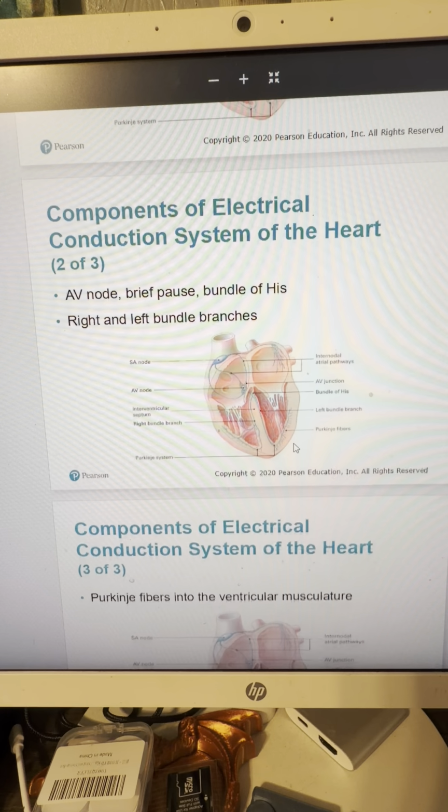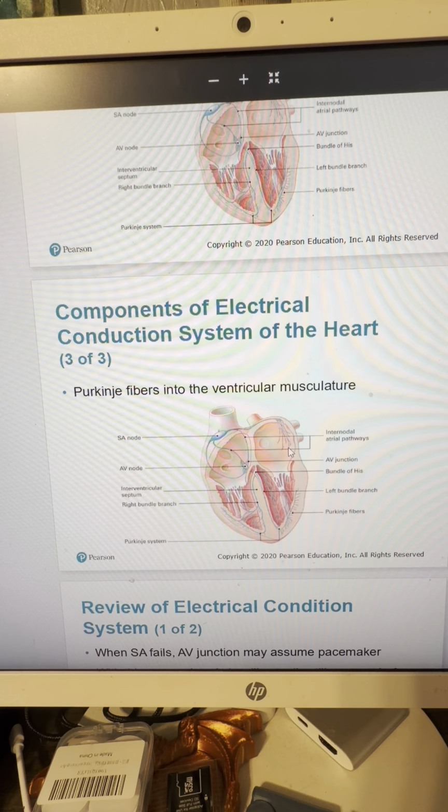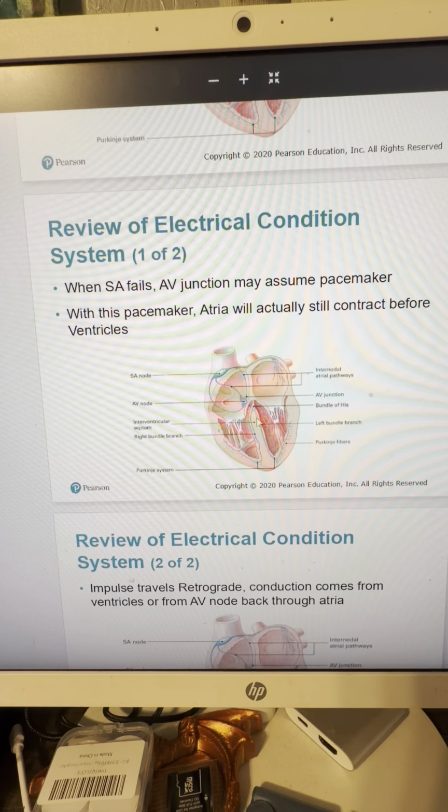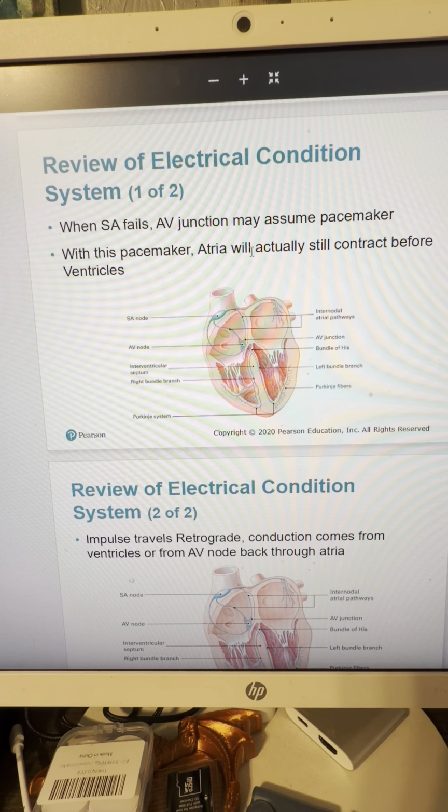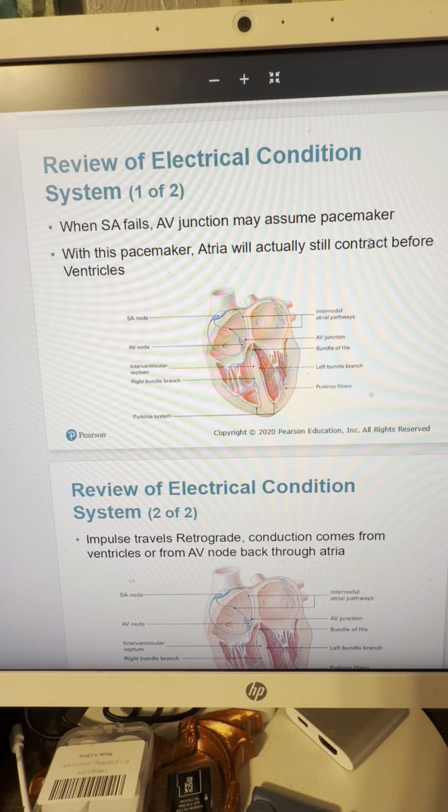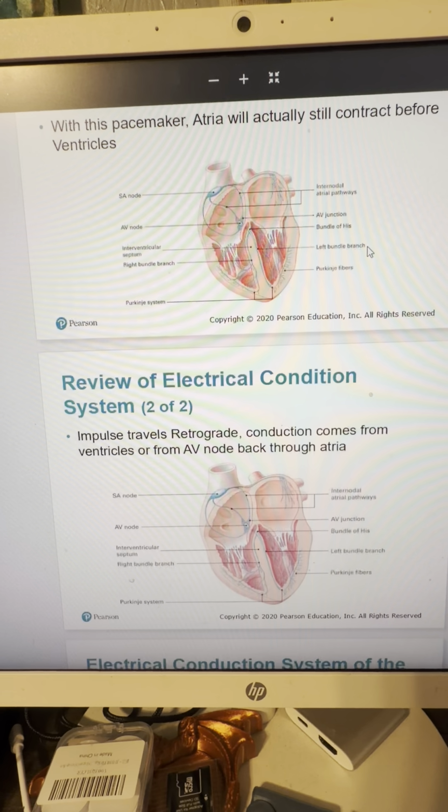So that's how it's supposed to occur. But when it fails, the AV junction is going to be like, okay, fine, I'll do that job. So the atria will still typically contract, if they contract at all, during or before the ventricles.